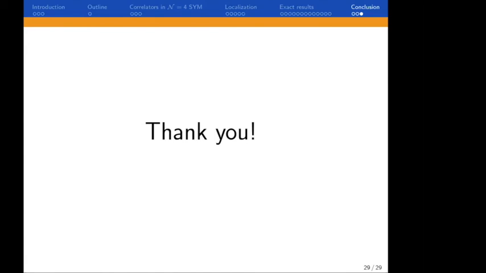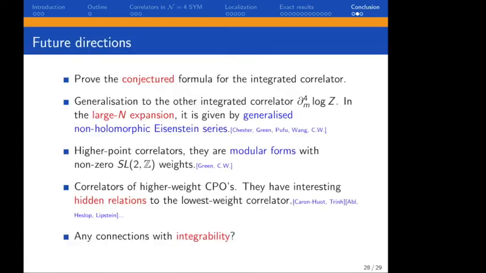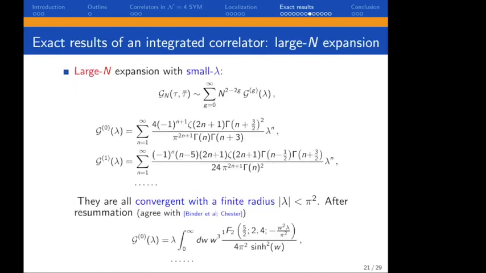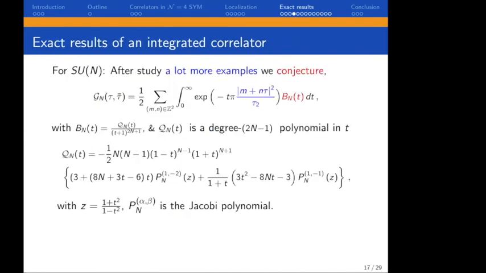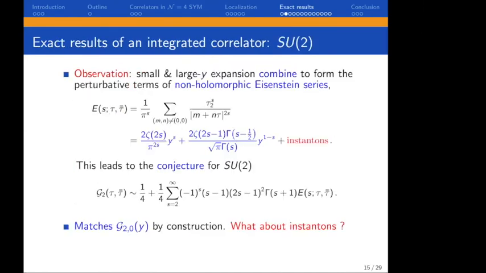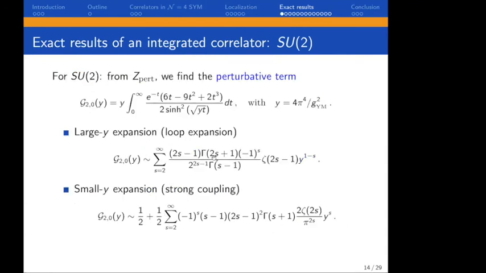Or I was saying that, for instance, this sinh function, this integral representation, somehow also appears in the cusp anomalous dimension. I don't know if it is a hint, but similar objects appear.